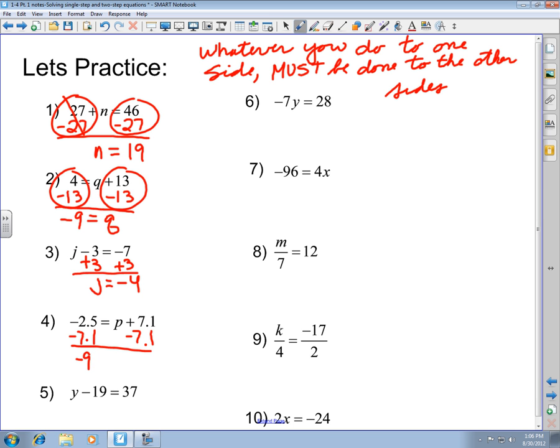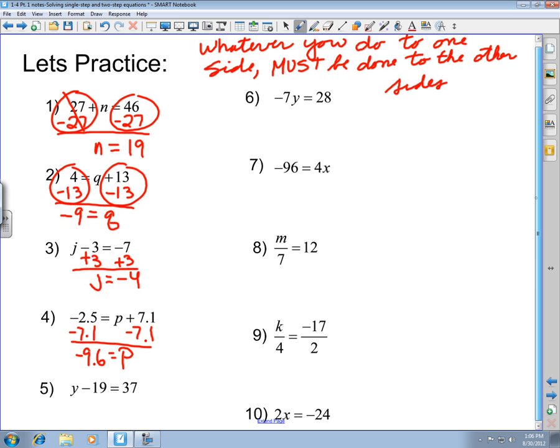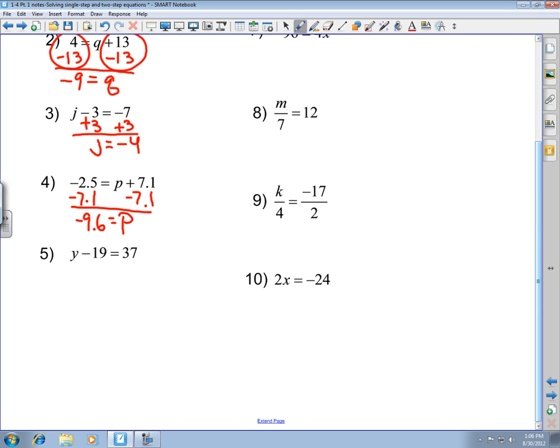That's going to give me negative 9.6 equals p. y minus 19 equals 37. Okay, I'm going to undo this subtraction, because the 19 is being subtracted from y. I'm going to undo subtraction with addition. Whatever I do to one side, I do to the other side, and that's going to be 56.